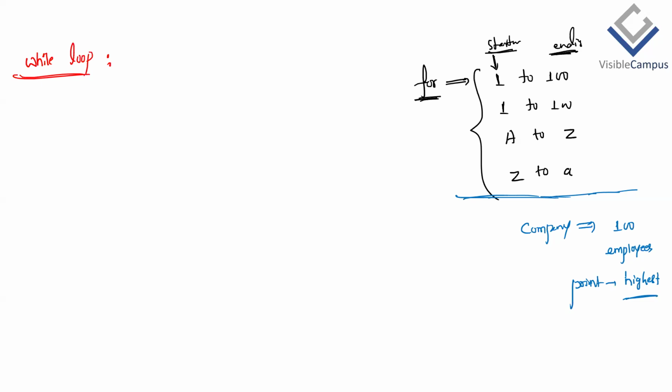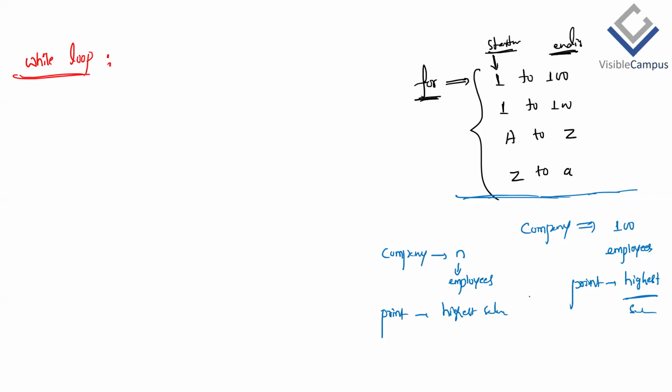So for this we can write a loop, check each and every salary, compare, and print it. Correct? The next scenario is in a company, some n number of employees are there. But still we have to print the highest salary only.